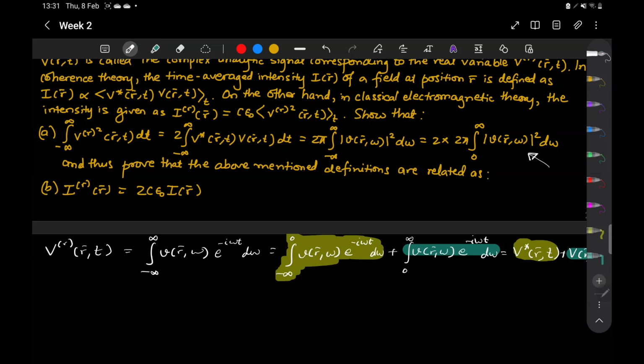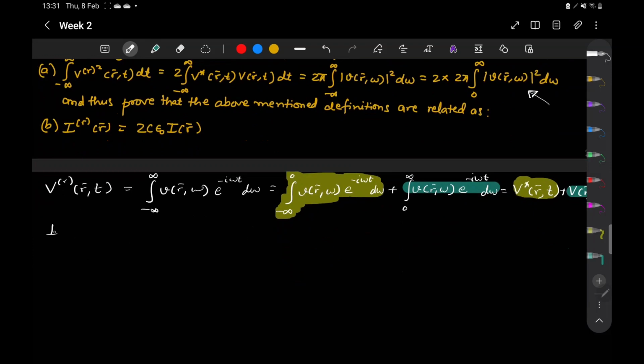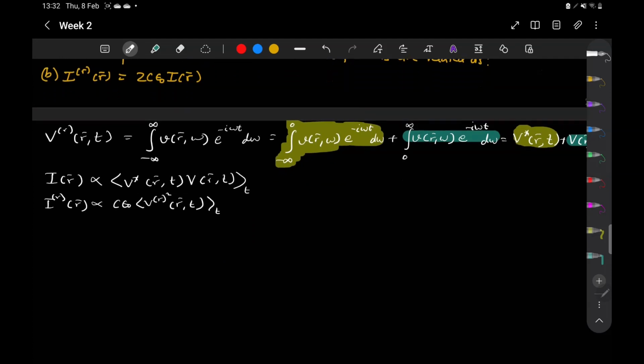And also let me write down the intensity that is given to us. This is for the real electric fields in the electromagnetic theory, and this expectation or the averaging is over the period of time.